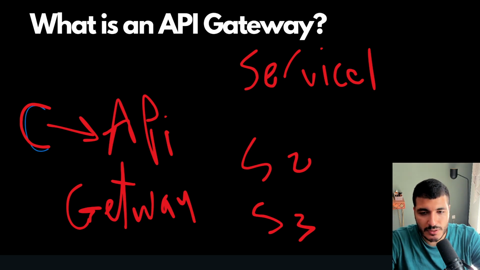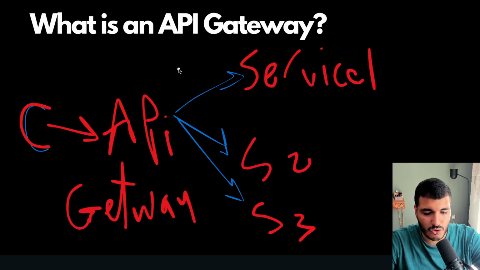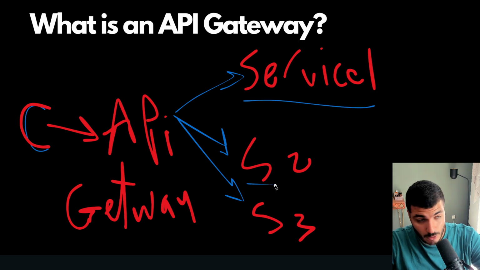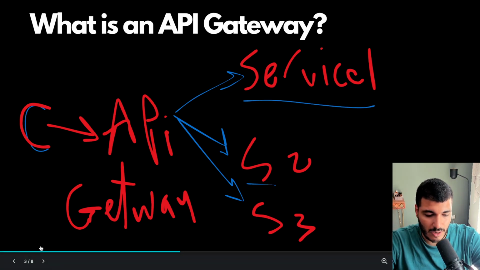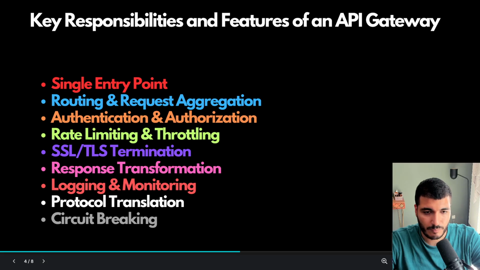All client requests go through the gateway, which then intelligently routes them to the appropriate service. But it doesn't only direct the request to the appropriate service. It does a lot more than that, and we will discuss them right now.